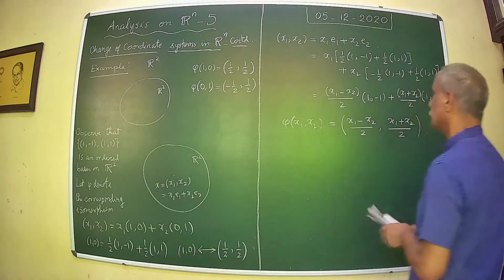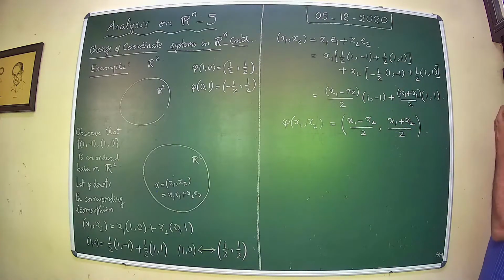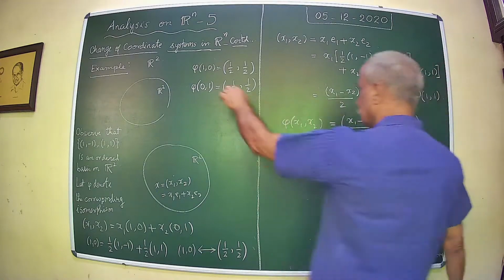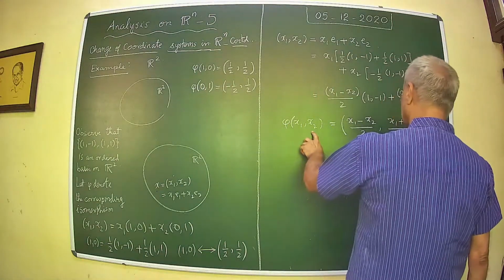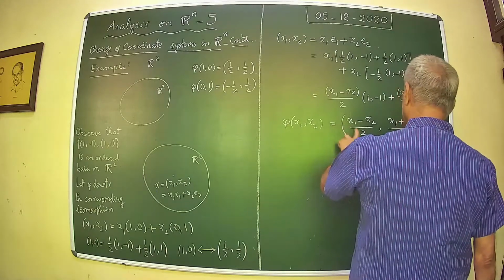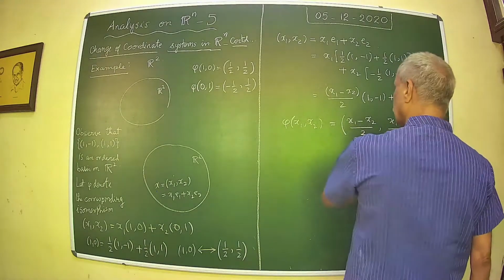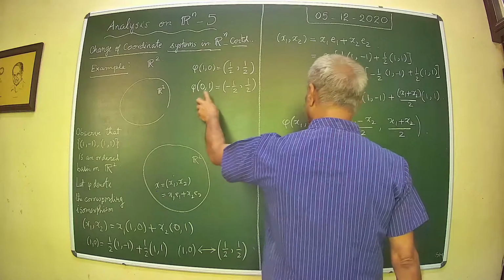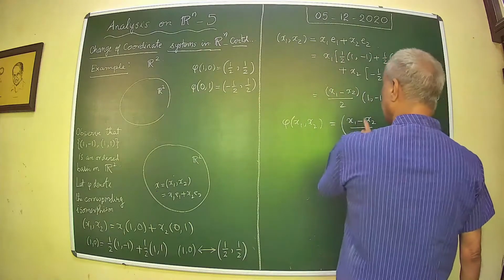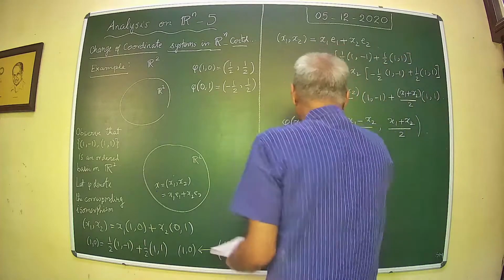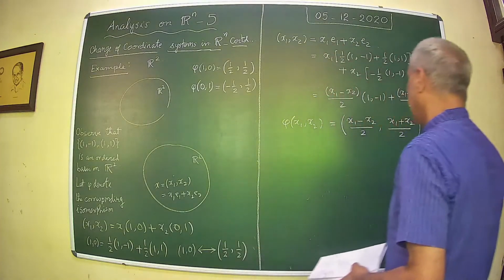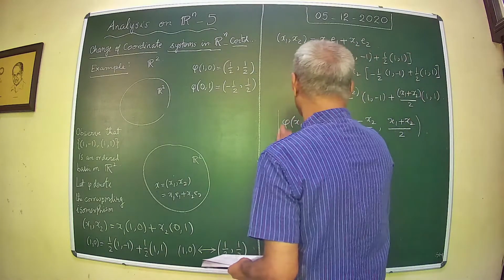Now you can easily check whether this is true, because phi of (1, 0), put x2 equal to 0, gives you (1 by 2, 1 by 2). If you take phi of (0, 1), then you get (minus 1 by 2, 1 by 2). So that is the image. So we keep this.